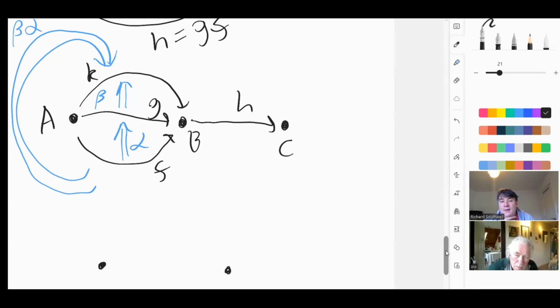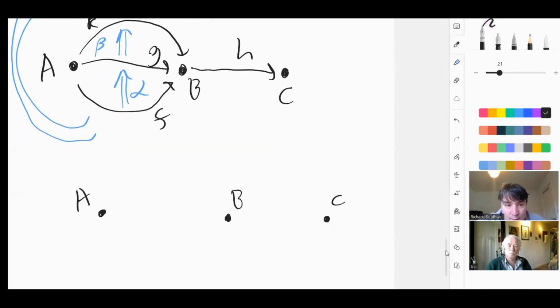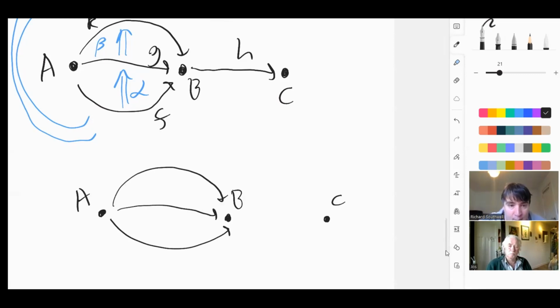Not directly to C. So the idea is that we keep everything what you could call globular. We're allowed to have objects, and then between zero cells we can have one cells, like this, for example.